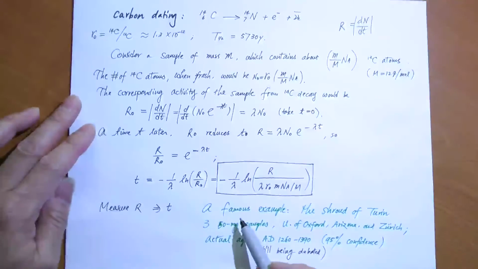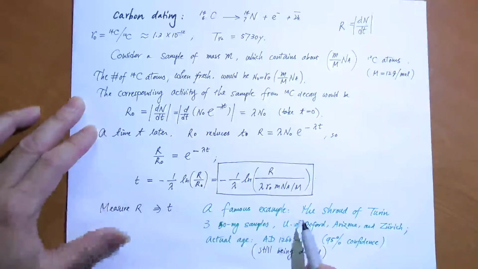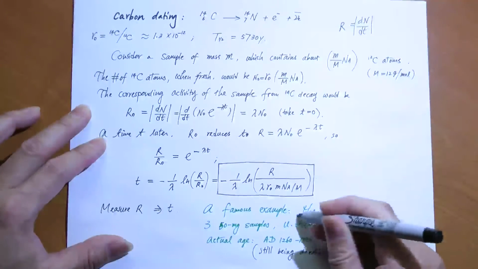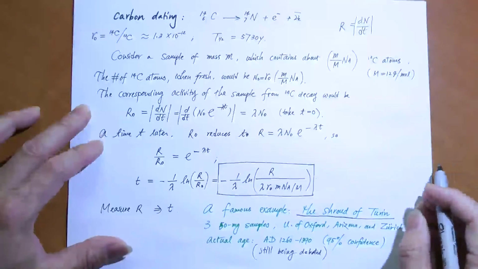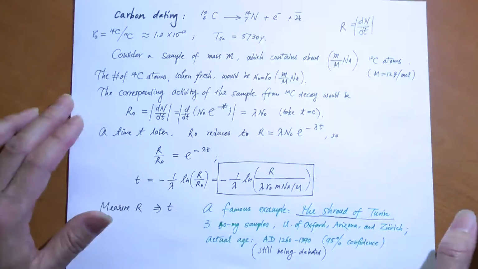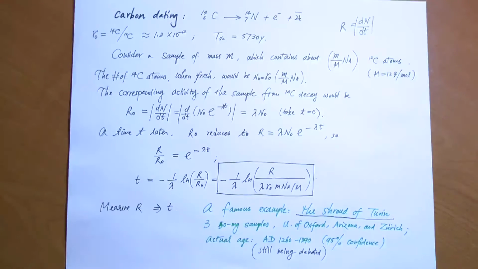Here's a famous example of carbon-14 dating, and that is the age of the Shroud of Turin. The Shroud of Turin is a linen cloth that is today housed in Turin, Italy, in their cathedral. On that shroud, there is an imprinted image of a bearded man, who supposedly was Jesus Christ.